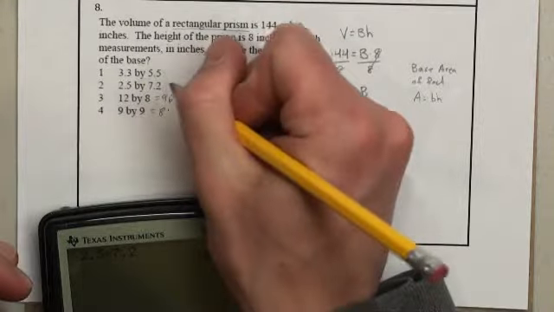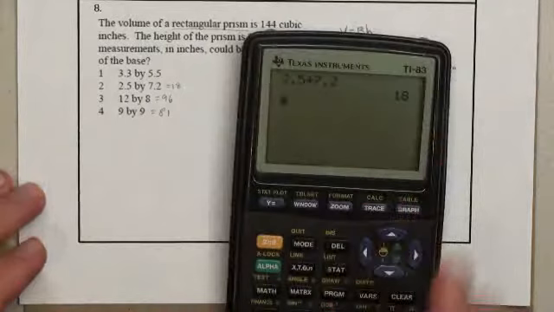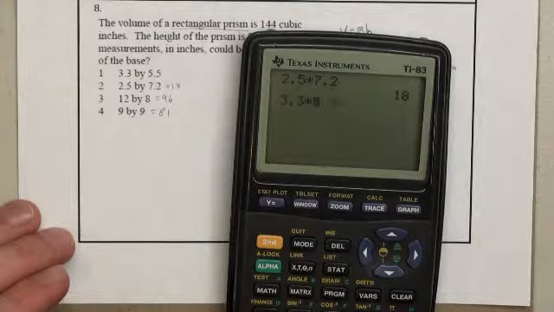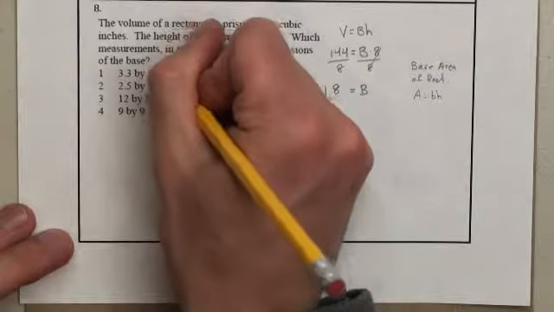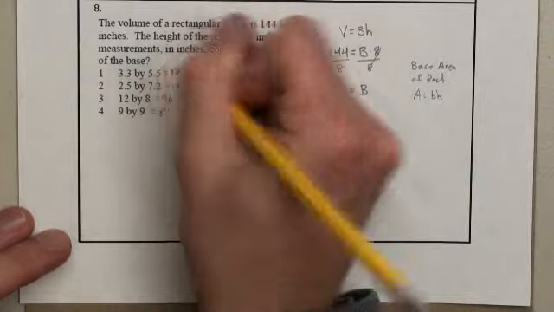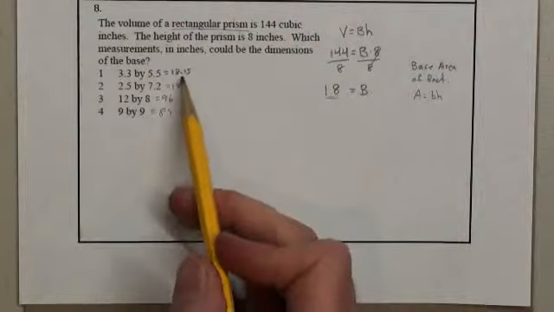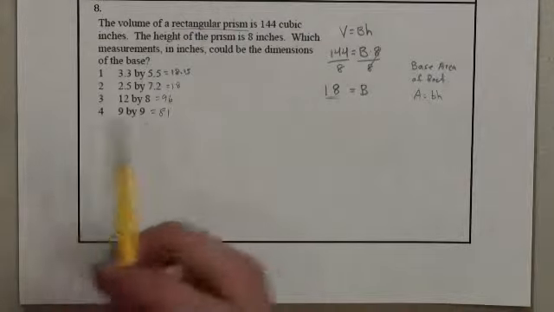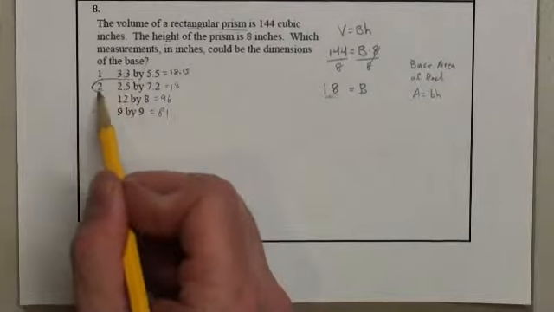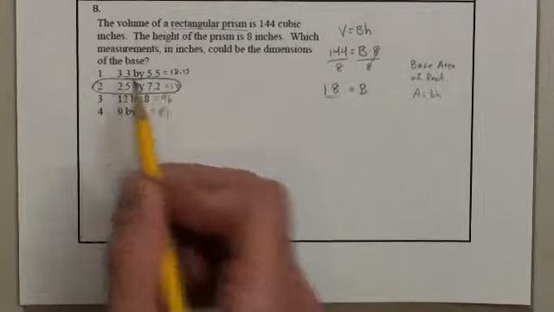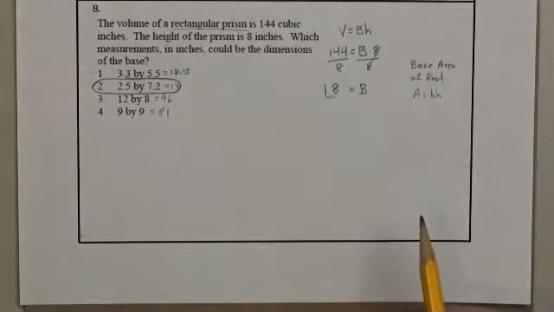There it is. Now let's just check what the other one will be. 3.3 times 5.5. 18.15. I wonder how many people got 18.15 and said, oh, that rounds to 18, that must be the answer. That's probably why they put that choice there, but no, it's not it. It's choice 2, 2.5 by 7.2.